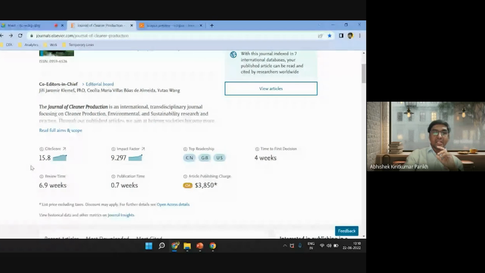Then they again take another review time of 7 weeks, right? And then after the 7 weeks, you may consider 1 week, the article is published in this journal. So total is 4 plus 7, 11, plus 1, 12 weeks. So 3 months is taken on average. This is on average. Some articles may be published earlier also, and some may take more time than that, right?